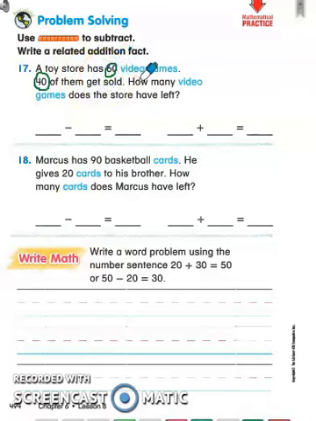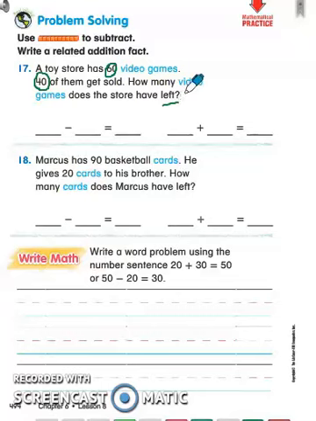Now, how many video games does the store have left? I said before that the keywords of subtraction are what? Leave, left, away, how many more, how many fewer. So left here means go away, means sold, means subtract.